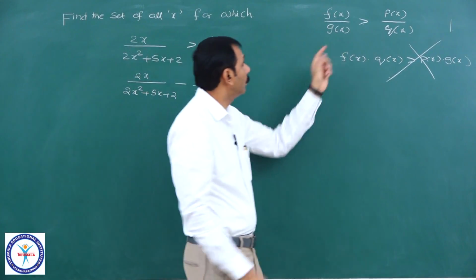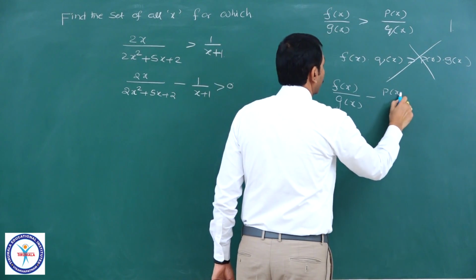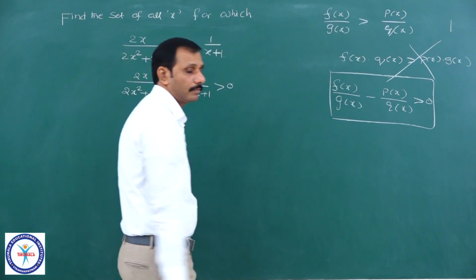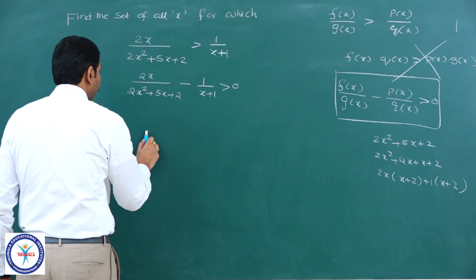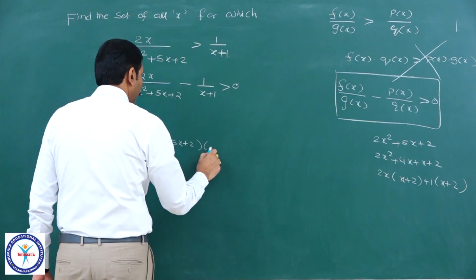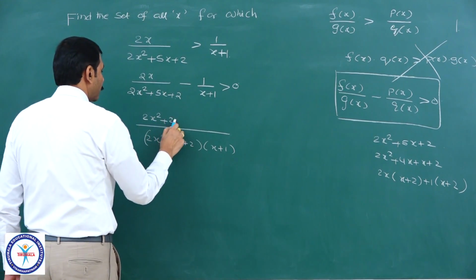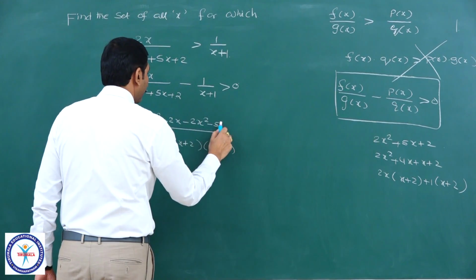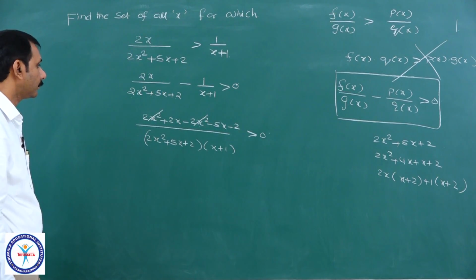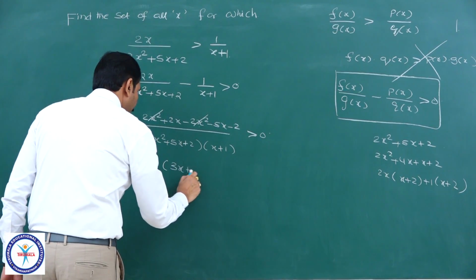So, what you do is bring this to the left side: f by g minus p by q is greater than 0. This is the way you have to write. Now take the LCM of this. It is 2x square plus 5x plus 2 into x plus 1. The numerator is 2x square plus 2x minus 2x square minus 5x minus 2 greater than 0. The 2x square cancels, leaving 2x minus 5x, which is minus 3x minus 2, that is minus of 3x plus 2.